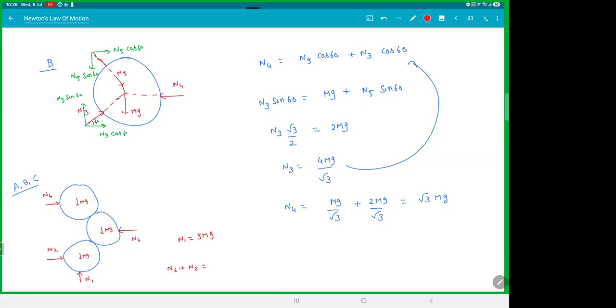N6 plus N2 is N4. From here I get N2. Shouldn't it be 2 root 3 mg? N3 sin 60, right? And then you're done. You'll get N2 from here. Substitute and you're done.